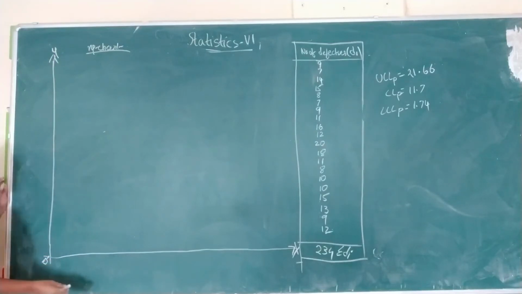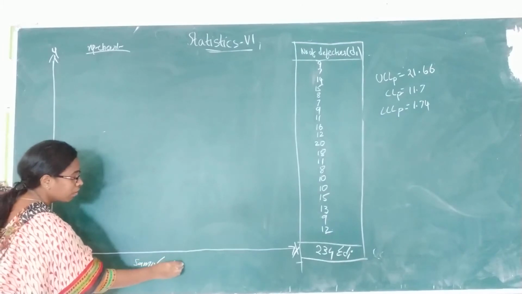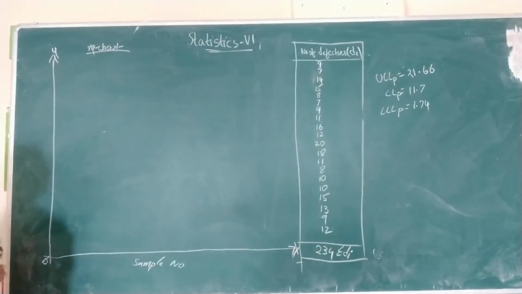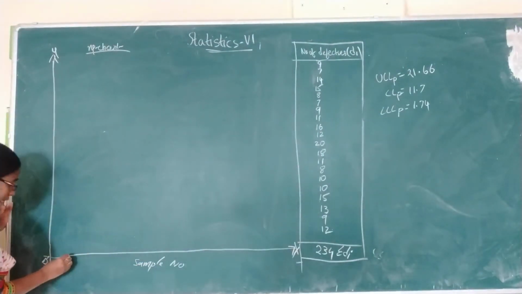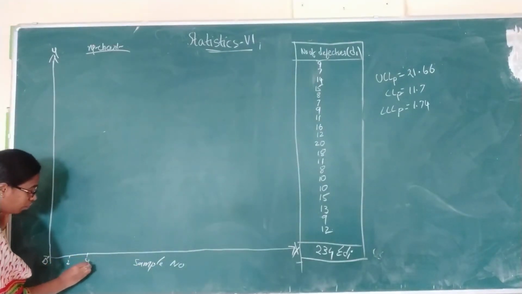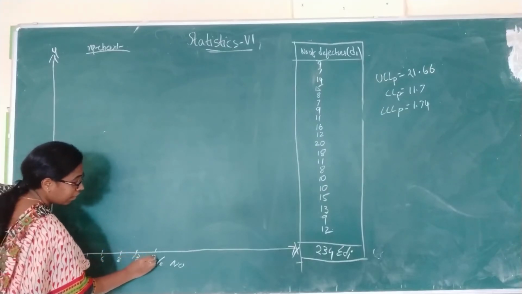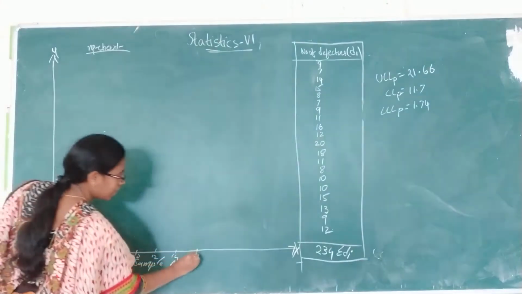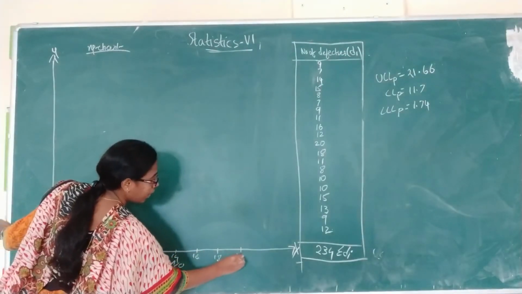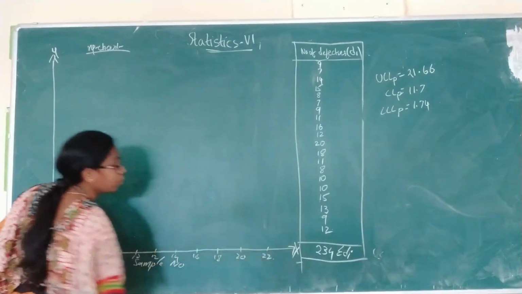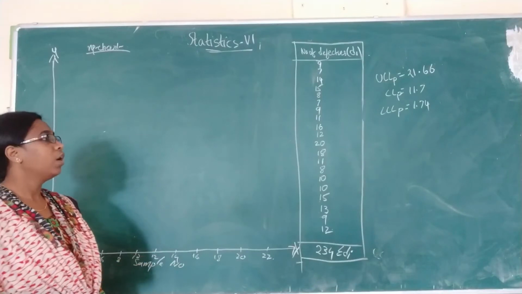On the x-axis I am going to write the sample number. So I am taking the scale as 2 so that I can write it easily: 2, 4, 6, 8, 10, 12, 14, 16, 18, 20, 22.